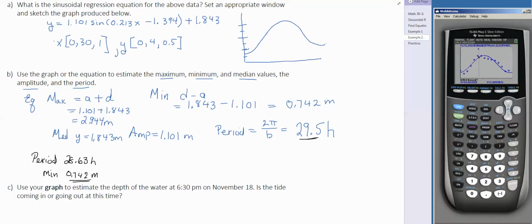We press enter, go over to the right side of the maximum, enter again, and have it calculate our maximum value. So we get a maximum value of 2.944, which is identical to what we got from the equation.